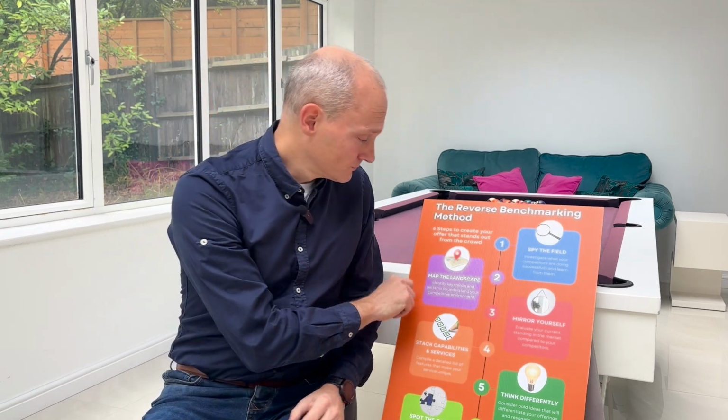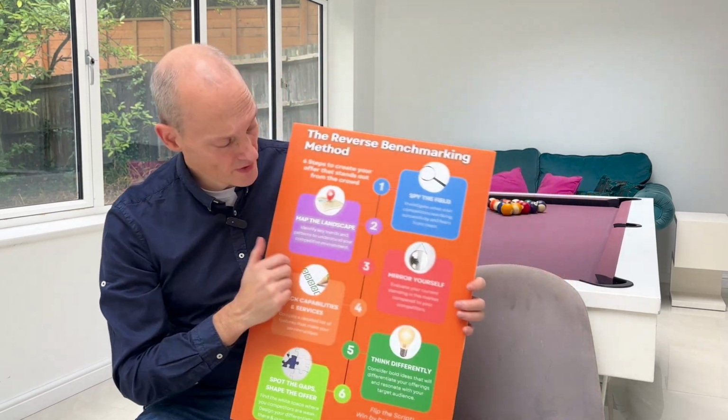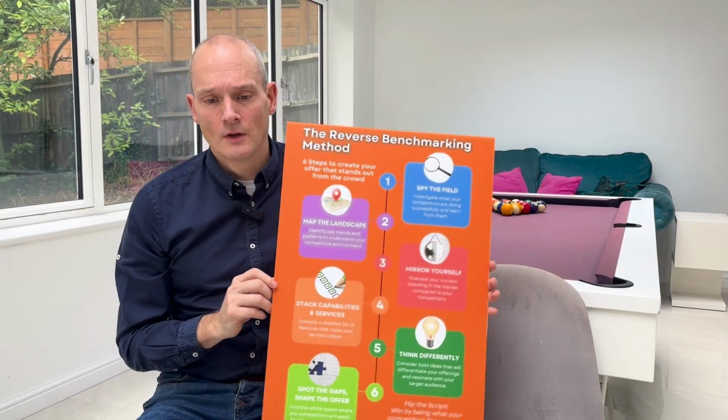The third step is to mirror yourself, okay? So now you need to look at yourself and compare yourself to some extent with these competitors, also on the same sort of high-level messaging. What are your strengths? What are your weaknesses in comparison? You're obviously not a big brand, you're not a big competitor, you don't have a lot of cash, but you can be fast, you can be adaptable.